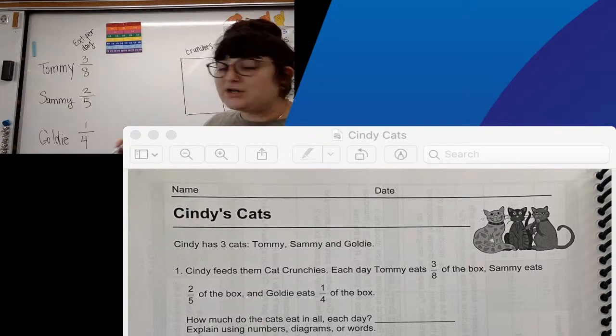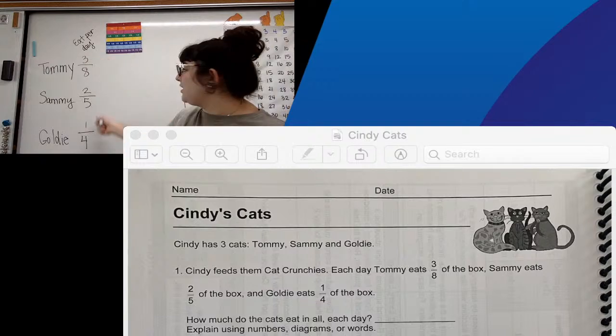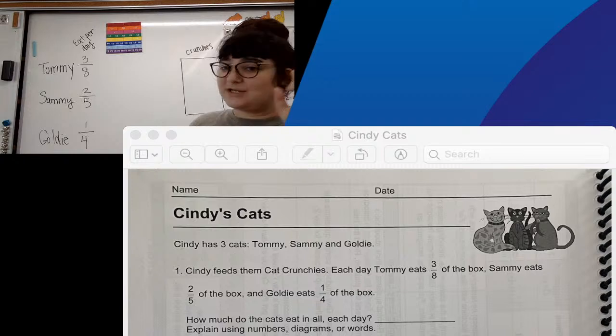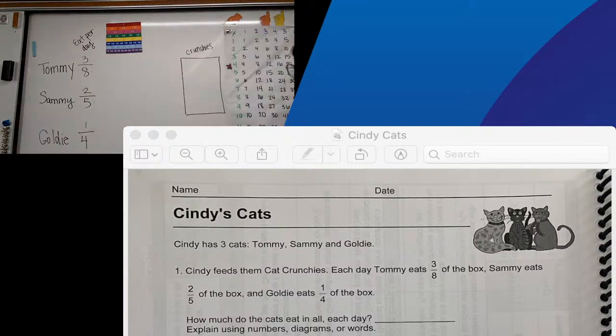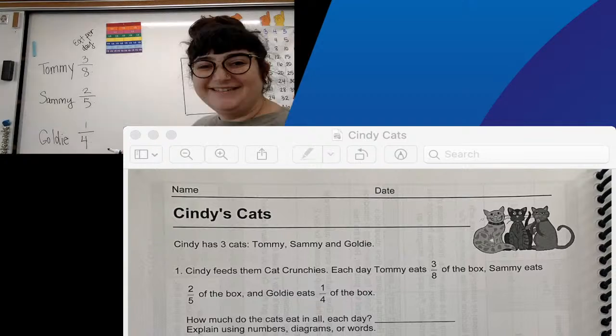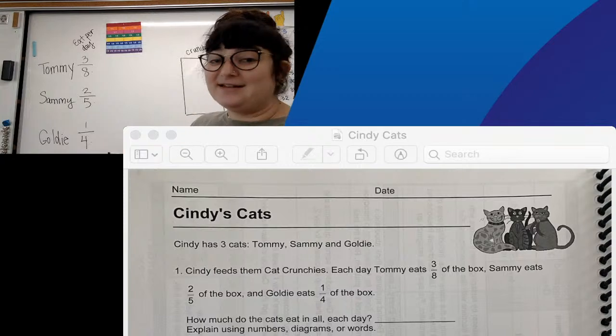So if we're trying to figure out how much they eat all in the day, well, we know we're going to need to add these up. But the first thing that should be going off in that beautiful mathematical brain of yours is that we have 3 different denominators. Reminder, our teaching point is that we are going to be adding and subtracting with unlike denominators.